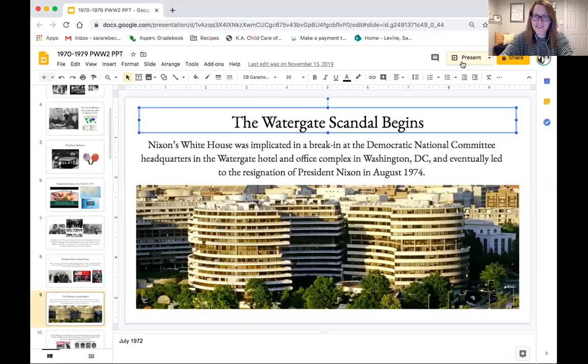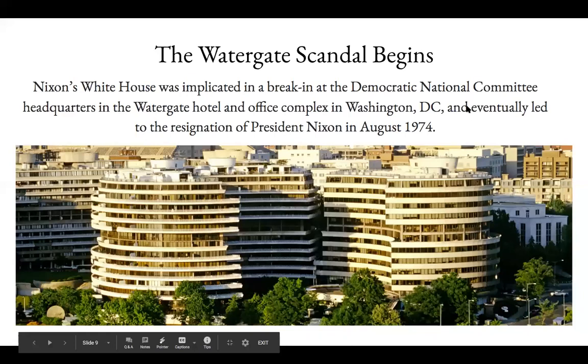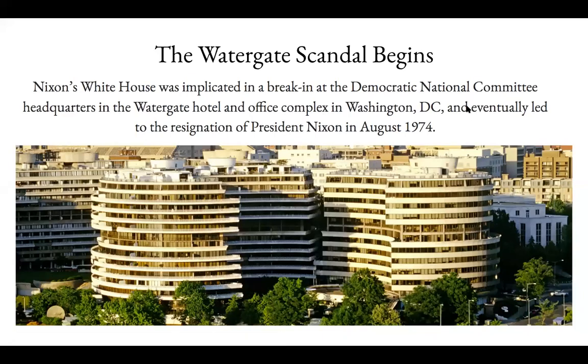All right, so we are going to start here with the Watergate scandal. So in June of 1972, we see a major political and government scandal occur, and this is the Watergate scandal.